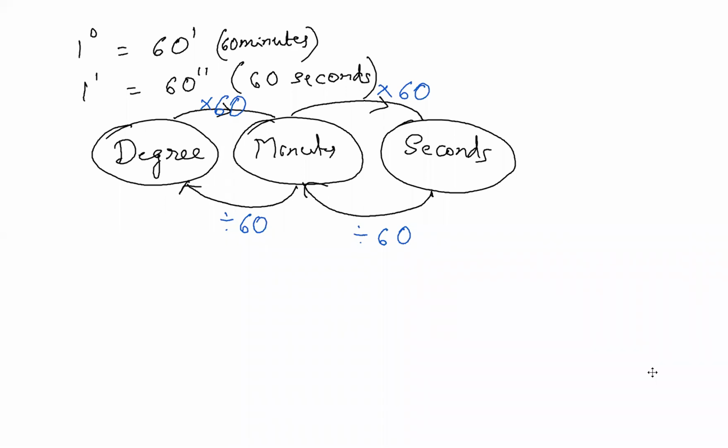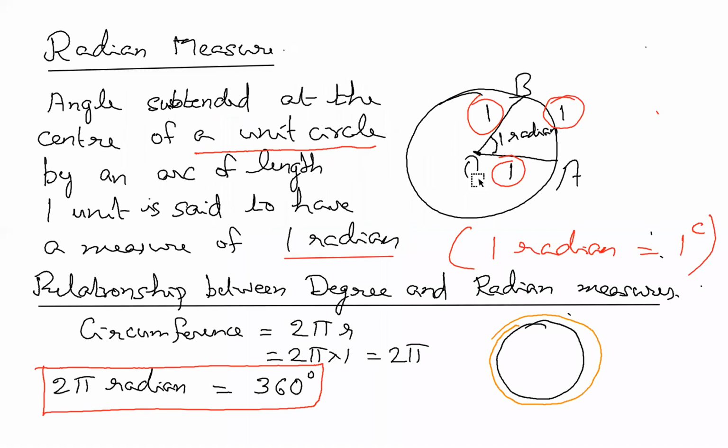And then we studied radian measure, very important, the new measure. To study radian measure, you consider the angle subtended at the center of a unit circle by an arc of length 1 unit, which is said to have a measure of 1 radian. That means the arc length will be the radian when you consider it as a unit circle.